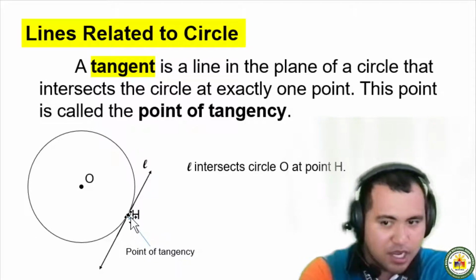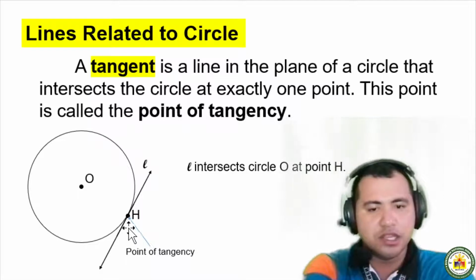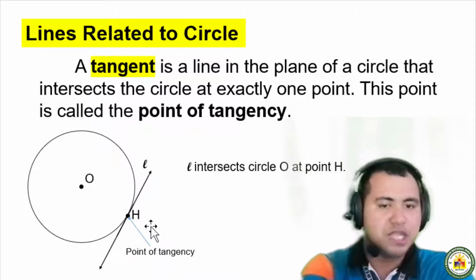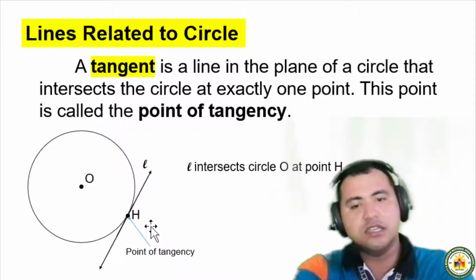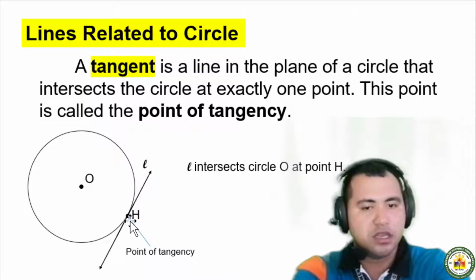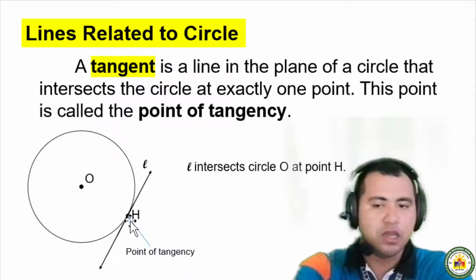Kanang point nga diin ang line or tangent line o ang circle nag-intersect, nag-abot, isa raman, tawagon siya og point of tangency. Kay dili siya matawag og tangent kung wala ning point of tangency, kung wala sila nag-intersect. Okay.